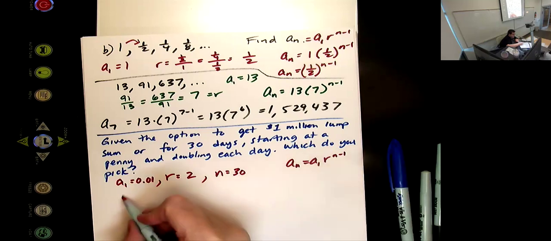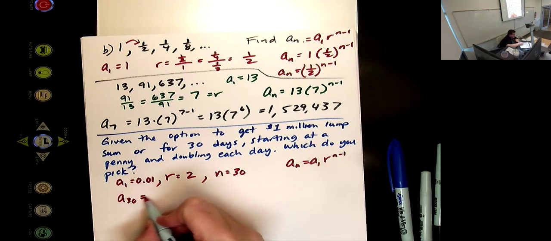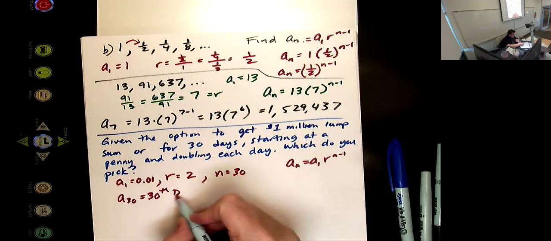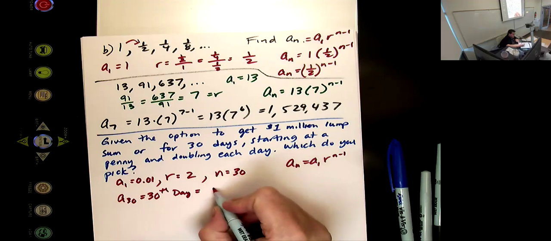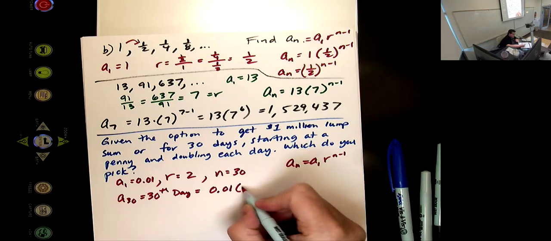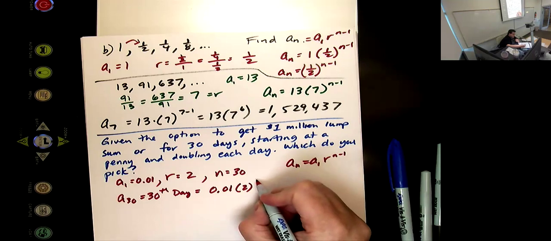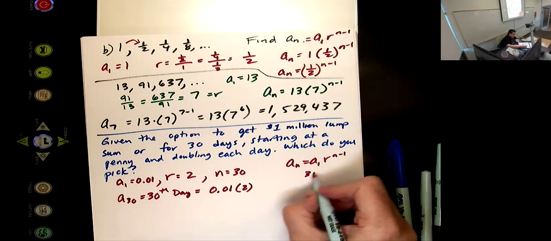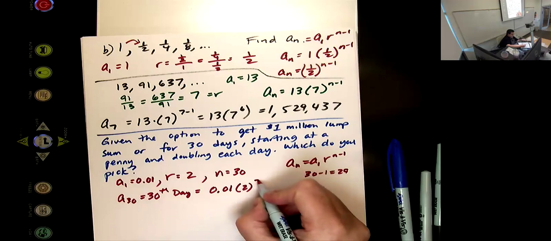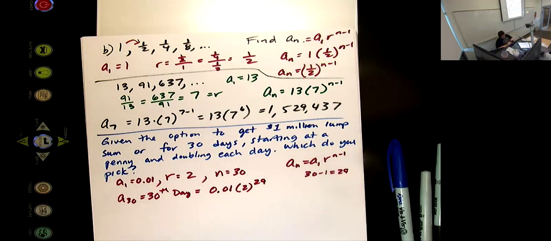So this a sub 30 would be the 30th day, just the 30th day by itself. 0.01 times 2 to the 30 minus 1, which is 29. I hope my calculator will give me an answer.